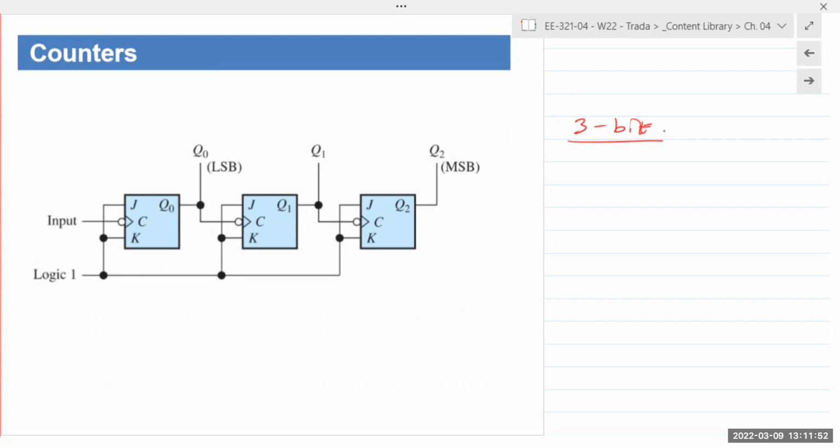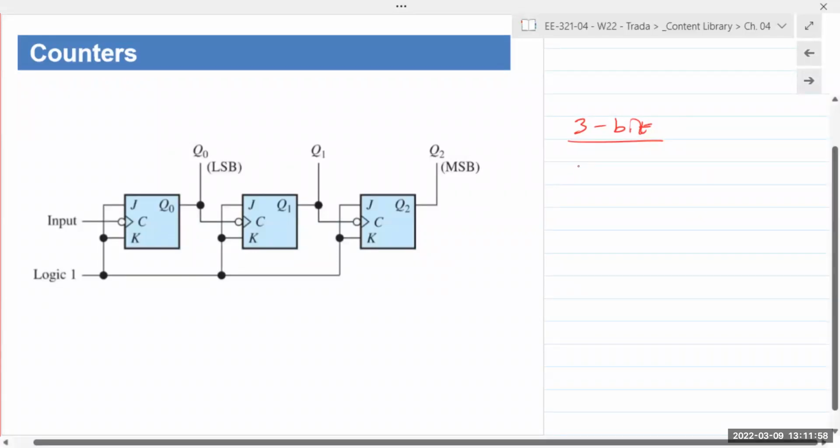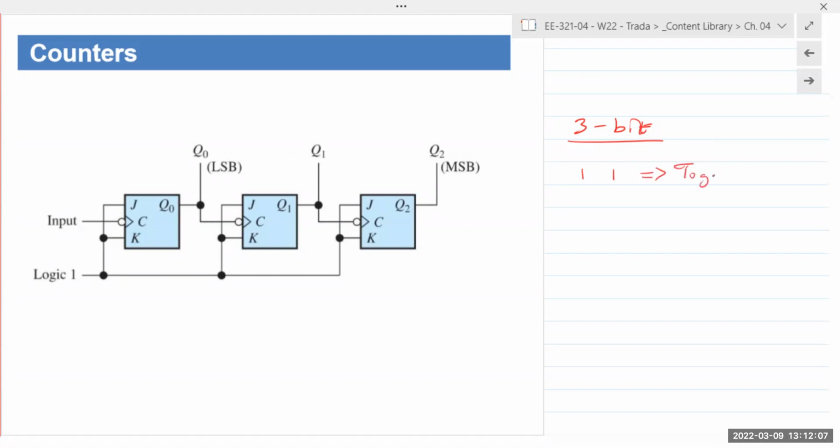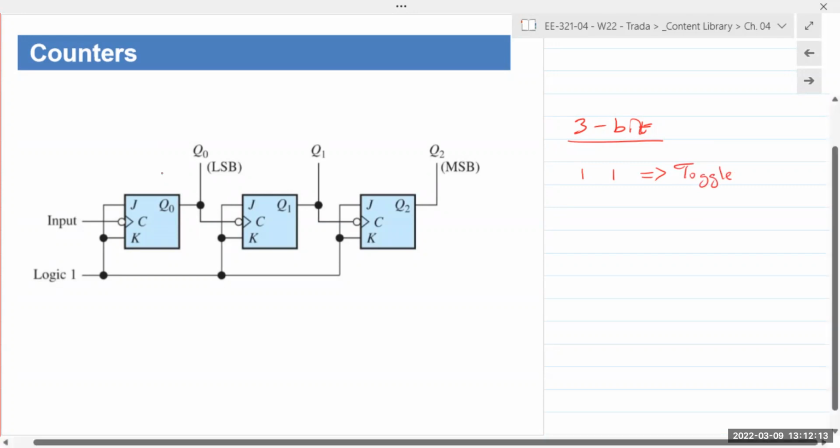JK flip-flop is a modified or advanced version of the SR flip-flop, meaning the unpredictable state where both inputs are high gives us a toggle mode of the JK flip-flop. And that is what you see here.